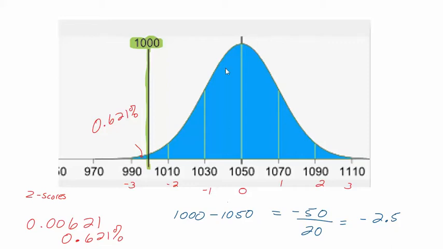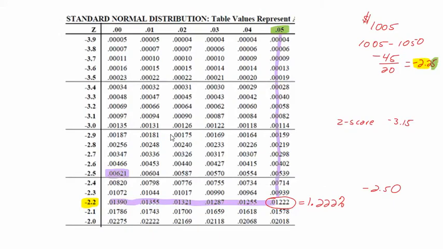Now, if I wanted to know what percent make more than $1,000, I can use the fact that this is 100%. This represents 100% of my data. The numbers from the z-score table tell you what percent of data is to the left, or less than.